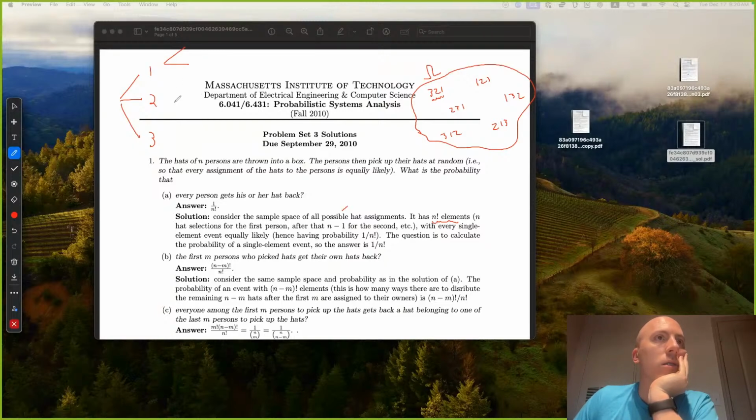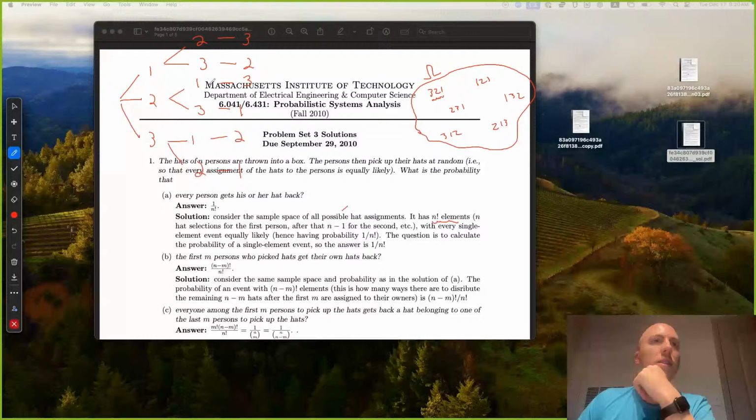So then the next one is 2, 3, 1, 3, 1, 2. And then the third person picks their hat, and we get 3, 2, 3, 2, 3, 1, 3, 1, 2, and 3, 2, 1.